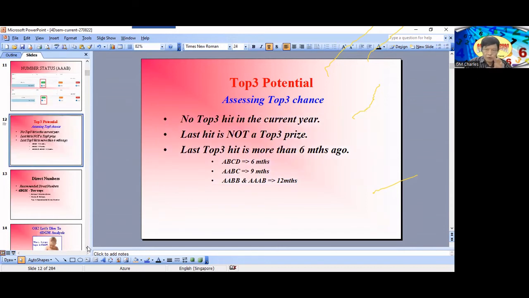Then I will later also show you examples when we do the pick of the numbers, how this can apply. In the meantime, I hope those who are clever will take a snapshot of all this data. I'm not going to send you this data, no? Those smart guys will know what to do already.